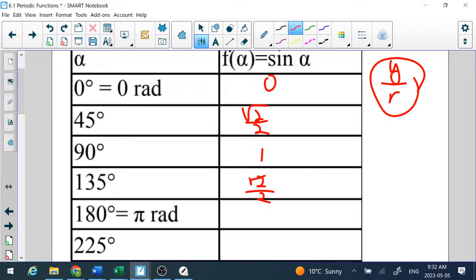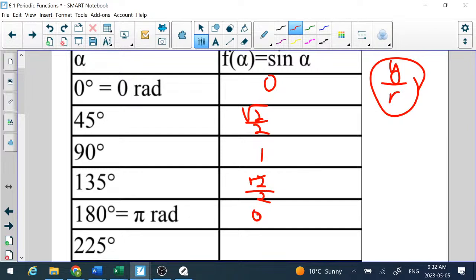What's the y coordinate at 180? Try again. Y coordinate, not the x coordinate. The y value tells you how high you went up. You're on the x-axis there at 1, so the y coordinate is 0. So that means sine is 0, right?